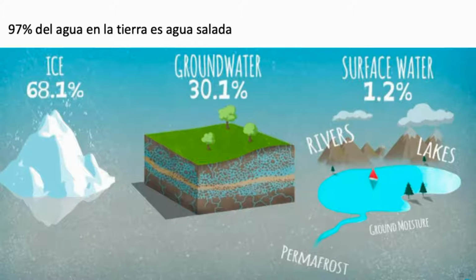Of this, only 1.2% is present as surface water, 30% is present as groundwater, and 68% of the rest is present in the ice caps. This means that from the entire water in the world, we only have access to mostly one part, or more or less 31%, of the sweet water available.